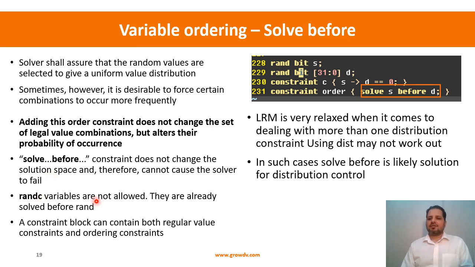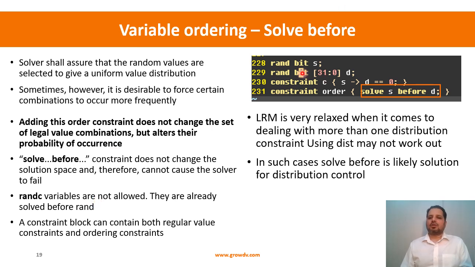And randc variables, as we have seen even with the dist operator, we cannot use them, because they already have a fixed, more stringent constraint that they have to be cyclic. And then a same constraint block can contain both the regular value constraints as well as ordering constraints. In the example we have separated them out, but you can put both of them in the same constraint block as well. There's no problem.